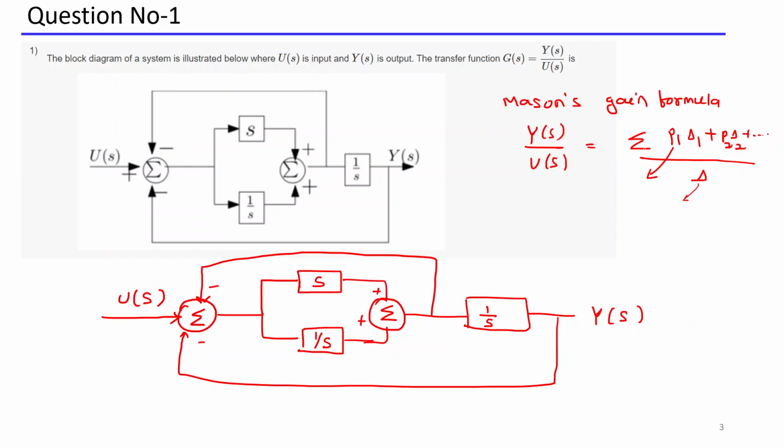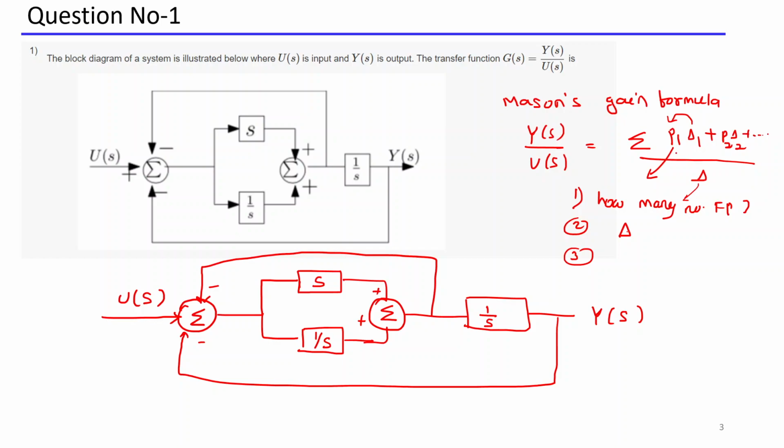The only thing you need to find out is, first, how many forward paths there are. Second, you have to find the total loop gain, delta. Third, delta 1 and delta 2 are the loop gains not touching the corresponding forward path.